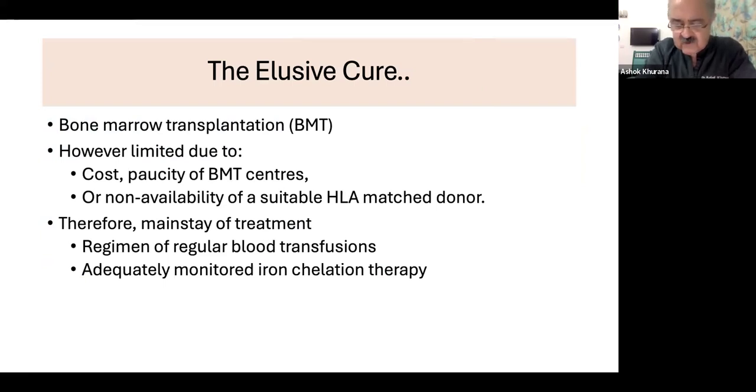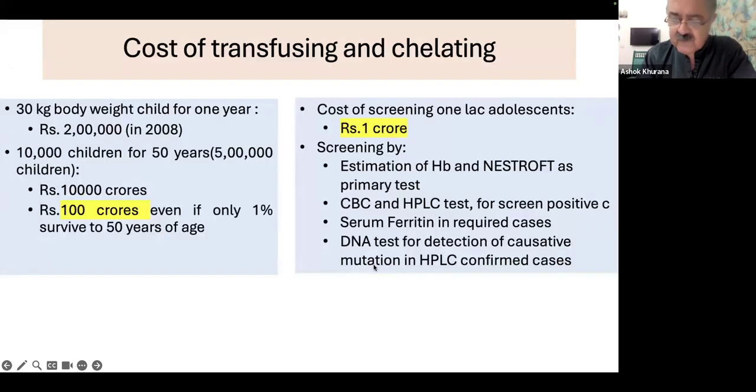So when we come to chelation, let's look at what Israel calculated just a few years ago. They said, look, there's $2 million for average life expectancy, and there the thalassemics seem to survive till about 50 years of age. And so they said that for 1 year, it's like $400,000.